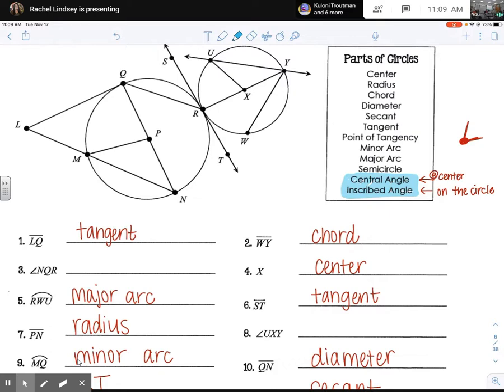NQR, the vertex is on the circle, so that is an inscribed angle. Then angle UXY, a central angle.